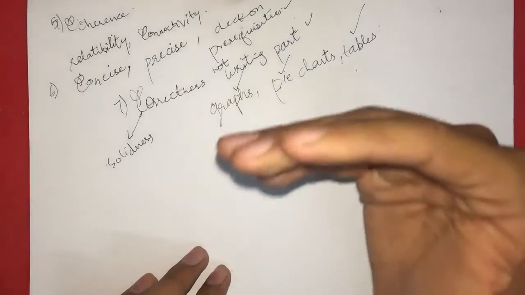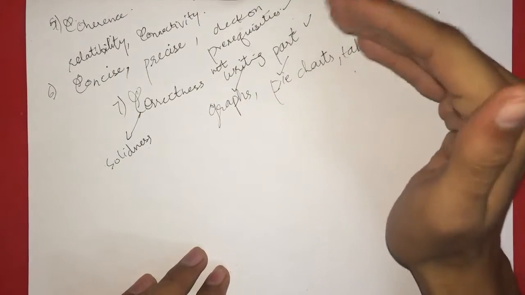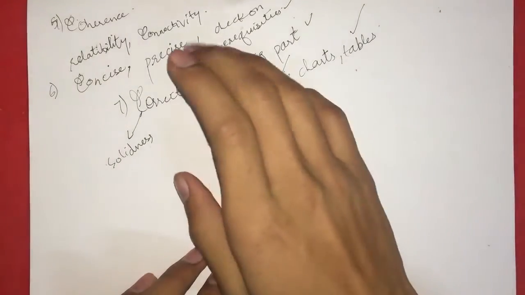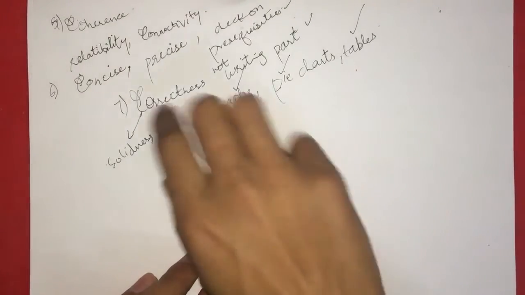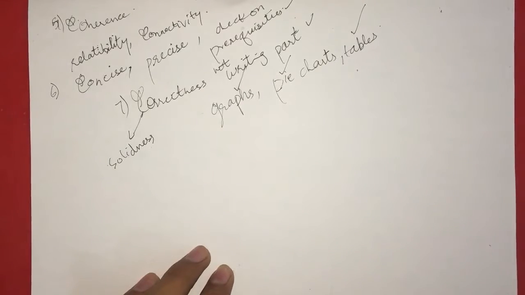So if you convert your information into graphs, pie charts or tables, that will be more appropriate, and this is basically used in presentations, so you guys don't have to worry about it in the writing part. You can skip this one, but all of the other six C's of communication, you have to take care of when you're writing a letter.